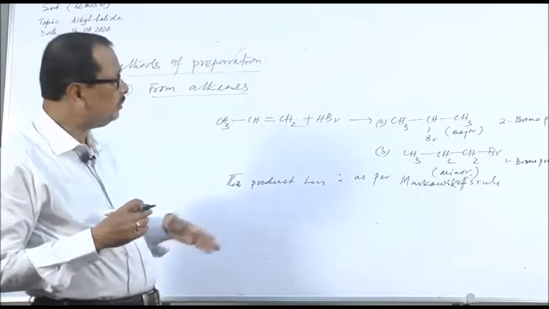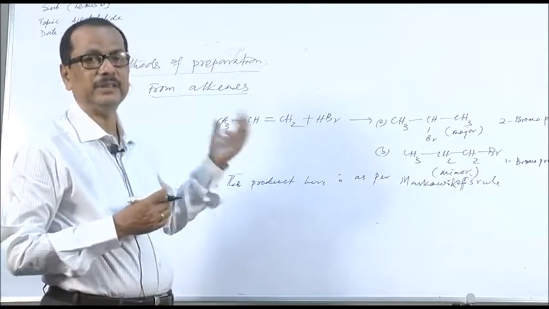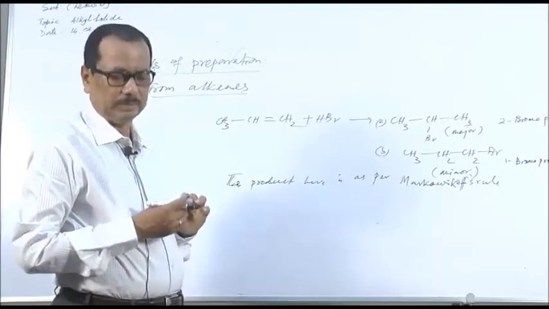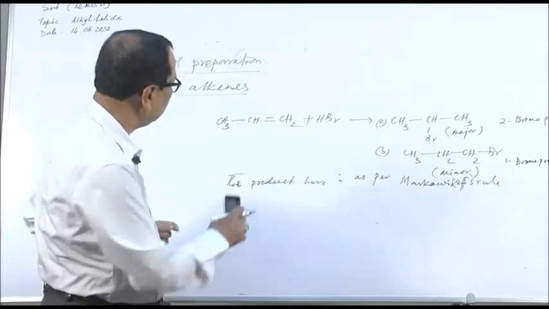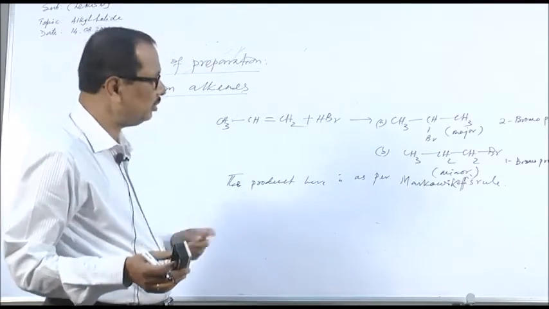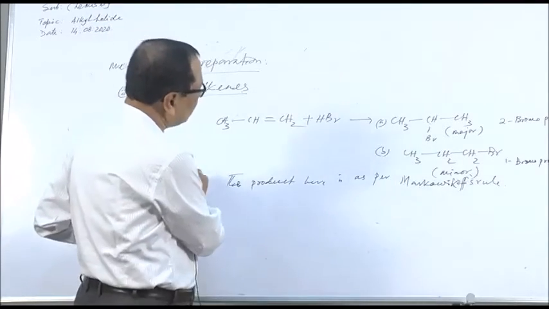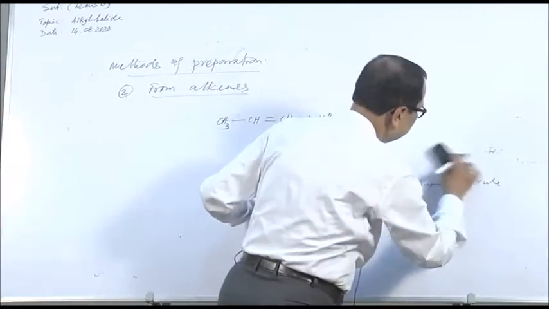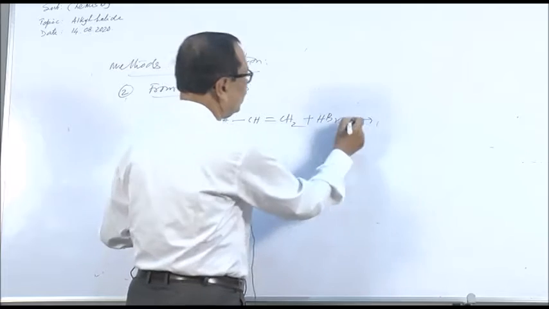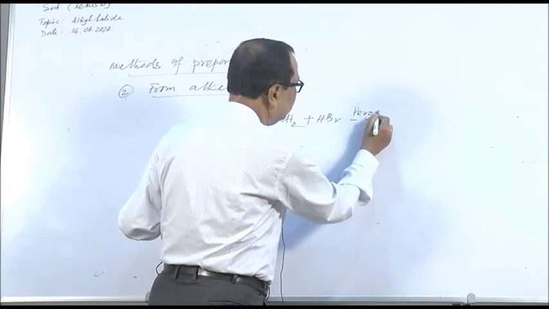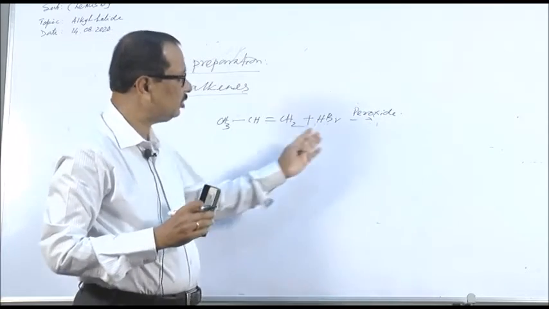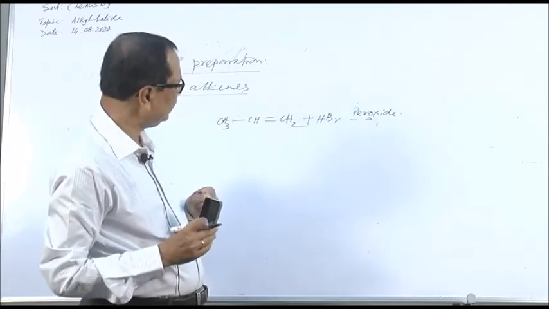However, in presence of a peroxide, the product will be just opposite to that of Markovnikov's rule, which is otherwise called the anti-Markovnikov product. Suppose you are reacting with peroxide, may be benzoyl peroxide or acetyl peroxide. There are so many peroxides.